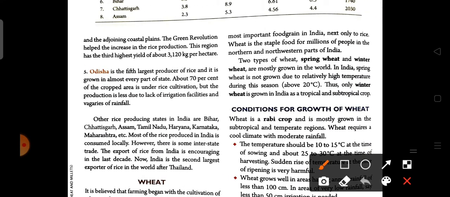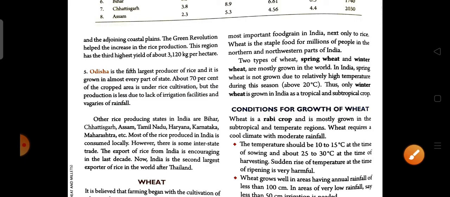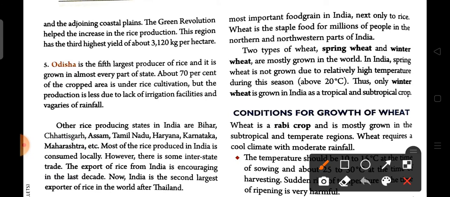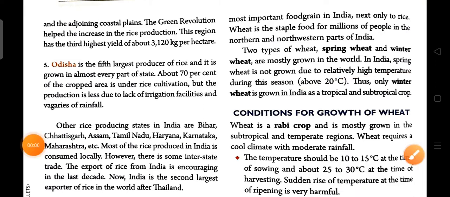In India, spring wheat is not grown due to the relatively high temperature during this season, above 20 degrees C. We know that wheat grows in moderate temperature.